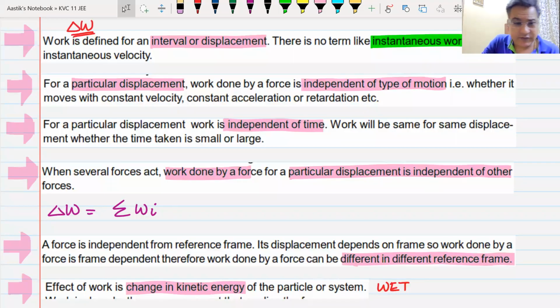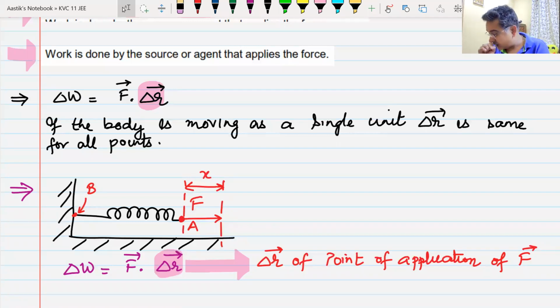So as I was saying, we were dealing with important points about work done, and you must remember these points because any of these points could eventually come into your exam. The last point was: if the displacement of different parts is different, the work done by the force is actually force dot the displacement of the point of application of force.